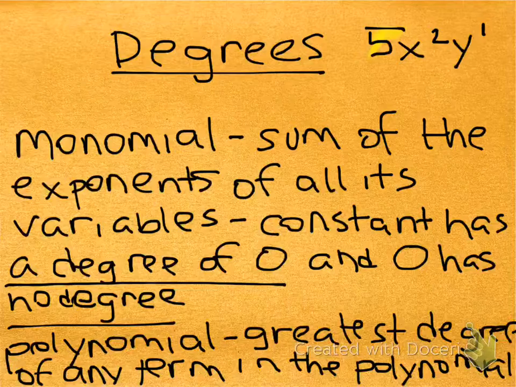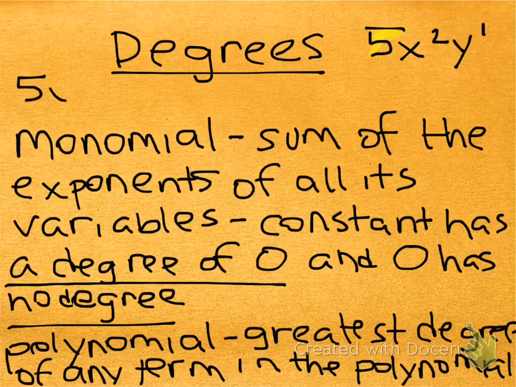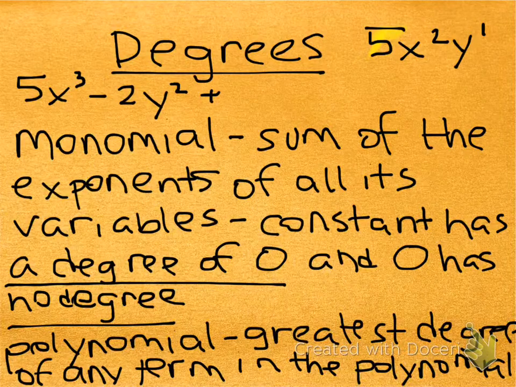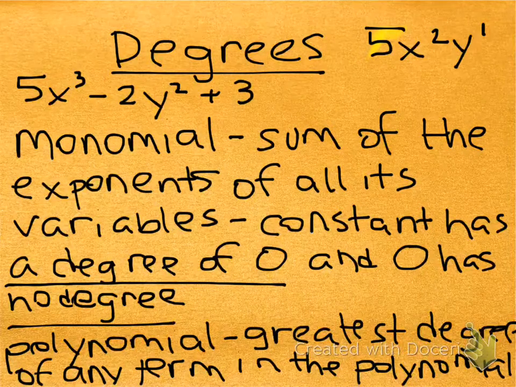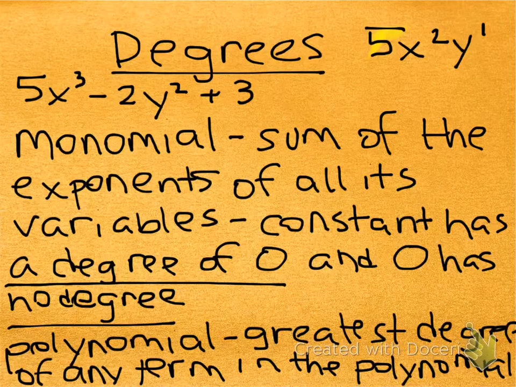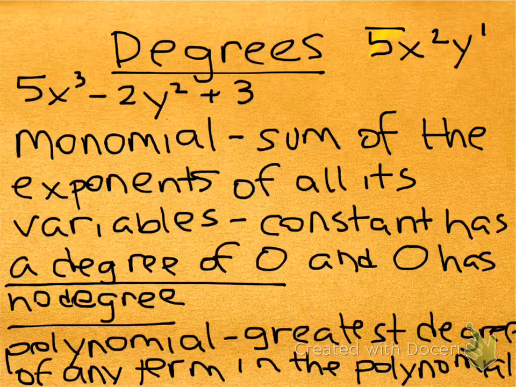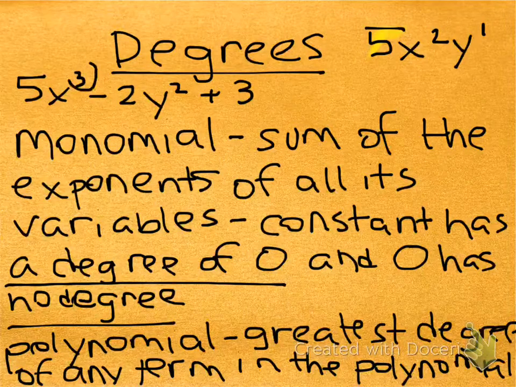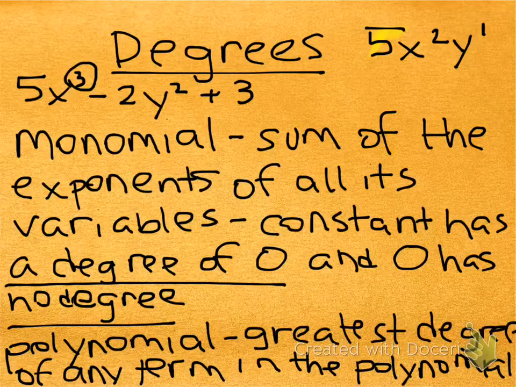So if I had 5x cubed minus 2y squared plus 3, my degree, and notice that my exponents are in order from greatest to least, would be a third degree, which is the greatest exponent.